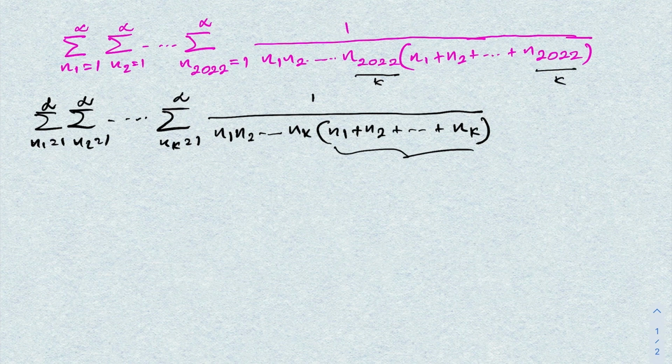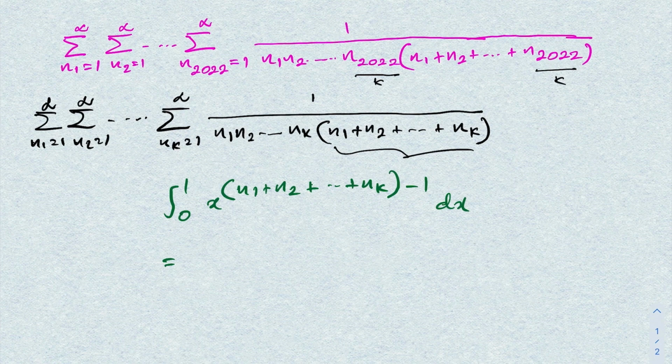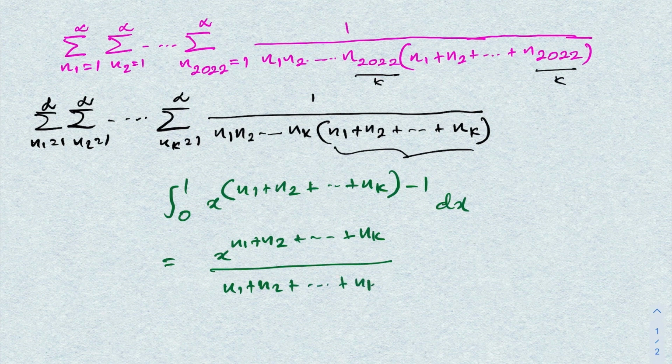If we take the integral from 0 to 1 of x to the n1 plus n2 plus up to nk minus 1 dx, and integrate using the general power rule, we have x to the n1 plus n2 plus nk, where minus 1 plus 1 gets cancelled, over n1 plus n2 plus up to nk, limit from 0 to 1.